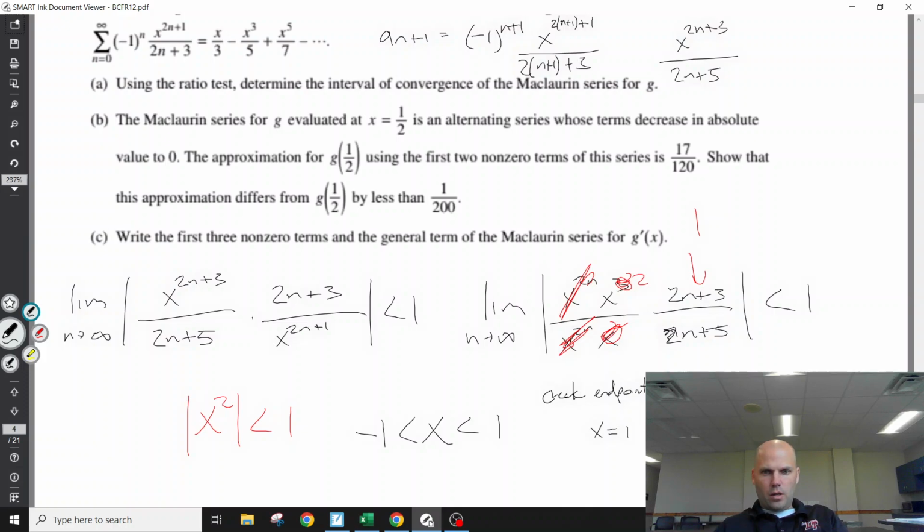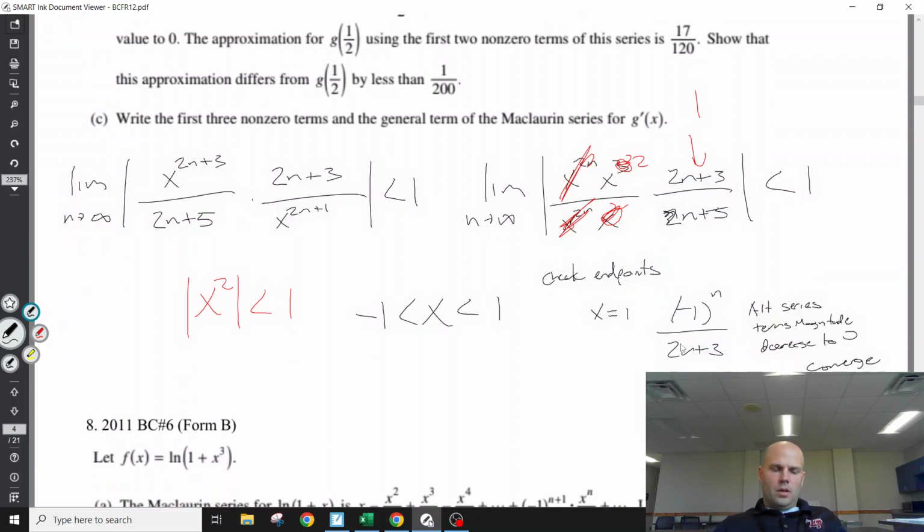This is an alternating series whose terms magnitude decrease to 0. Converges. Alternating, terms get smaller, terms go to 0. It is an alternating harmonic. I don't think they accept that.